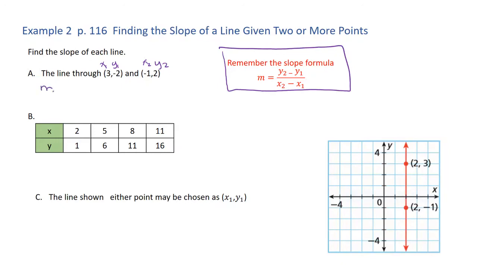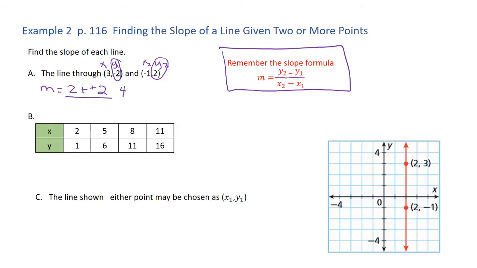Now I'm going to fill in my blanks, and I do need to keep it the exact same. So m equals y2 minus y1. y2 is 2 minus my y1, which is -2. Minus -2. And remember, I always tell you plus the opposite so you get your subtraction right. So 2 plus 2 is 4.